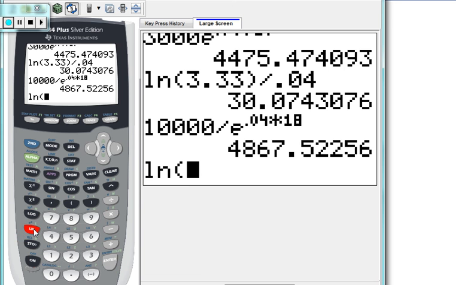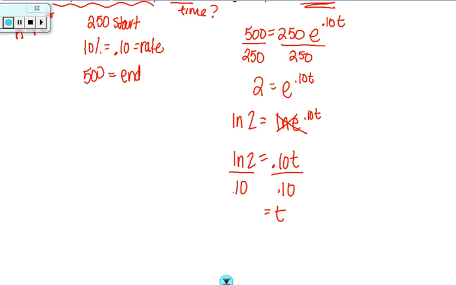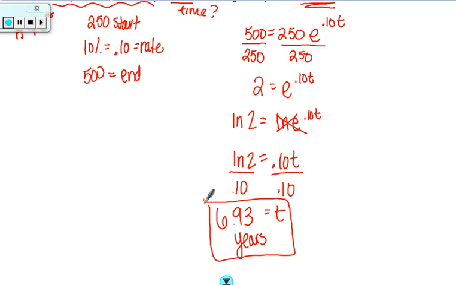The natural log of 2 divided by 0.10 gives me 6.93 years. So almost 7 years waiting for my money to double. But then again, that's if I don't make any additional deposits or withdrawals. If I just take money today and I let it sit there, it will keep growing, okay?